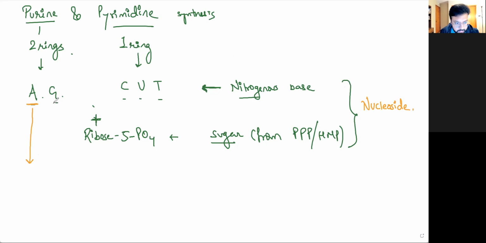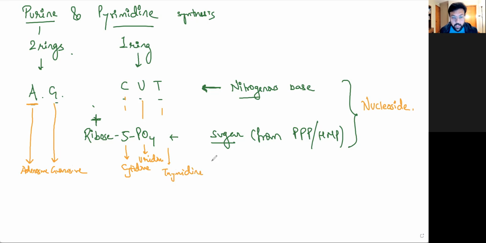Adenosine. Guanine, it's guanosine. Similarly for cytosine, what's the nucleoside? Cytidine. Uracil gives uridine. And finally, thymine gives thymidine. Perfect. So now you made nucleosides.